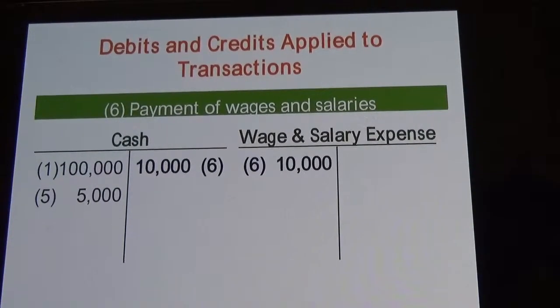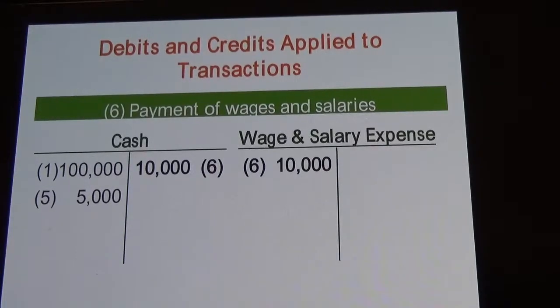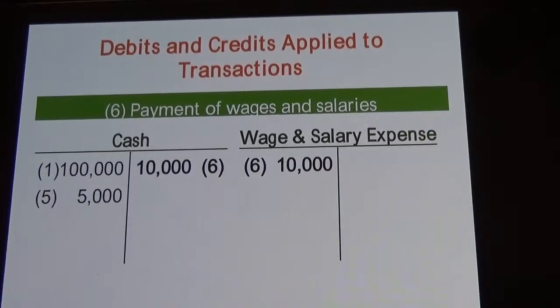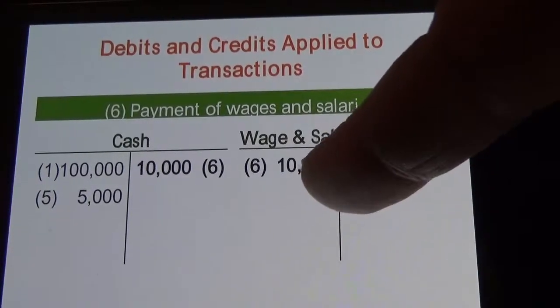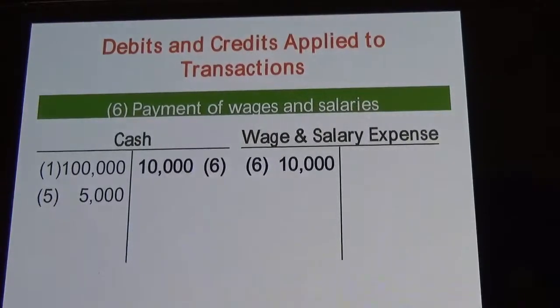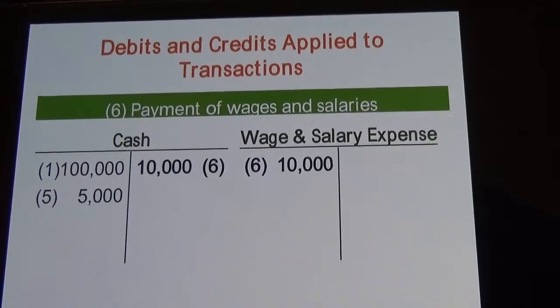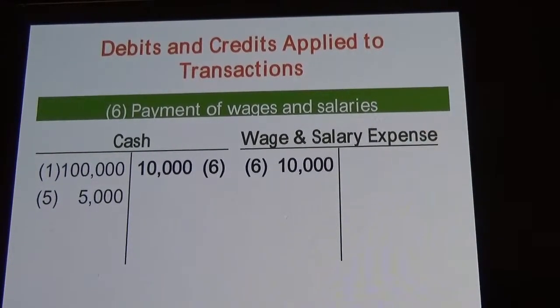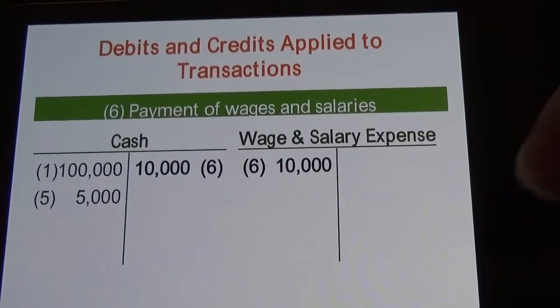Wages and salary expense decreases retained earnings, therefore it behaves opposite of retained earnings. Therefore, it has a debit balance and increases with a debit. So here we're increasing the expense account by debiting it and decreasing our cash by crediting the cash. Eventually, this expense will get closed into retained earnings, debiting retained earnings, which decreases retained earnings.